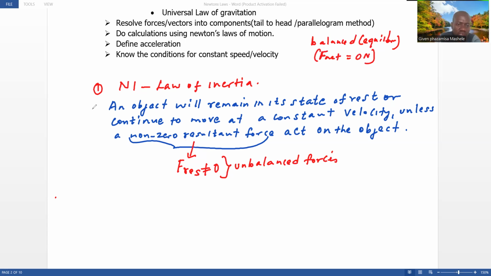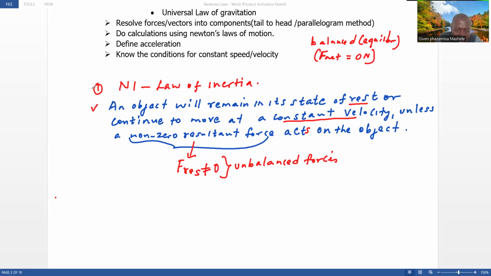But listen to what Newton's first law says: an object will remain in its state of rest or continue to move at a constant velocity unless a non-zero resultant force acts on it. Sometimes they say unless an unbalanced force acts on the object, which is also fine. That is Newton's first law of motion.